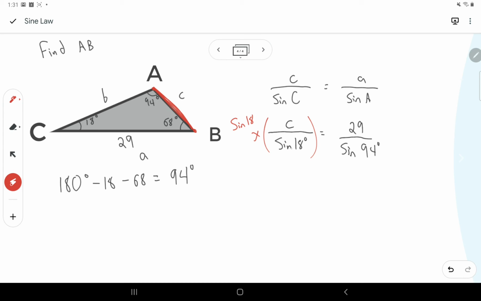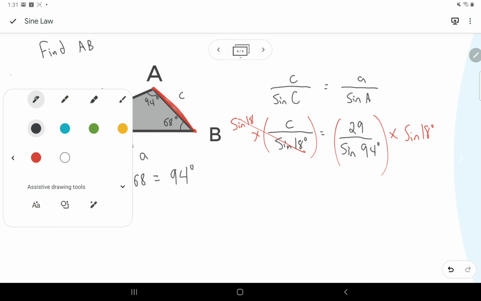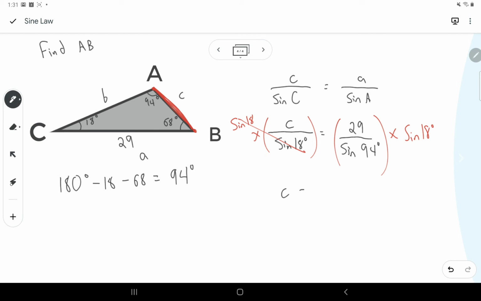Notice that we're not multiplying by sine, we're not multiplying by 18, we're multiplying by sine 18 because sine 18 is a number in and of itself. We could solve it to a number. We do that so that these two cancel. And of course whatever we do on one side we must do on the other because math is fair. So sine of 18 degrees over there. If I were to rewrite it just for clarity's sake, we get c equals 29 times the sine of 18 degrees divided by the sine of 94.